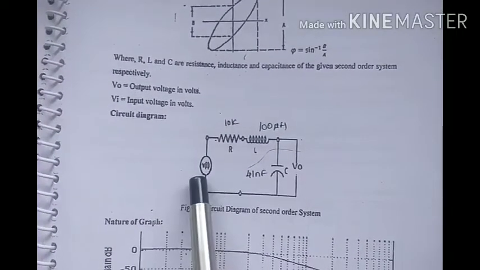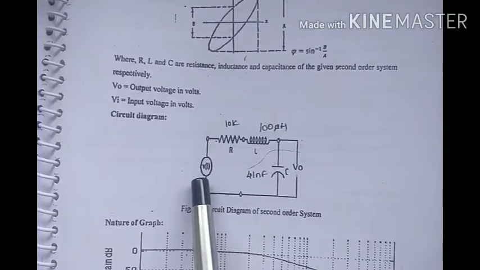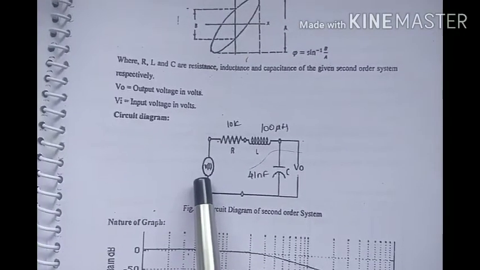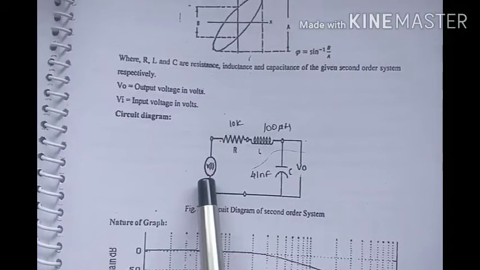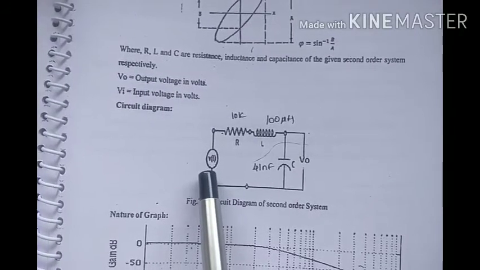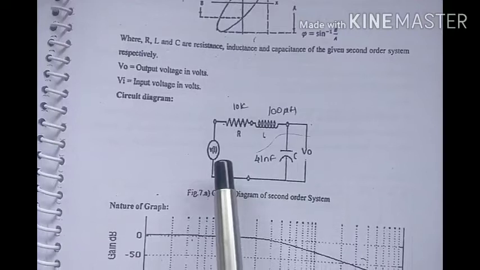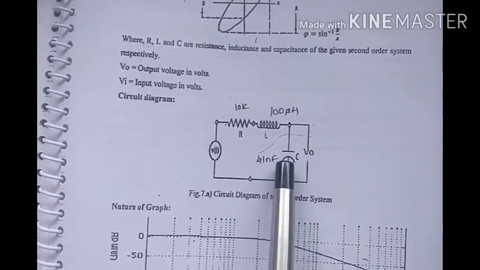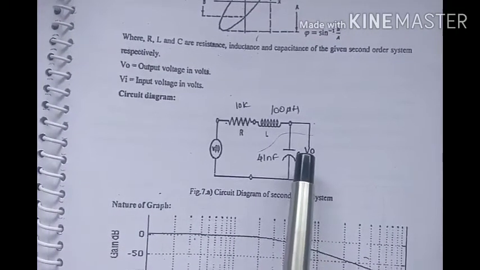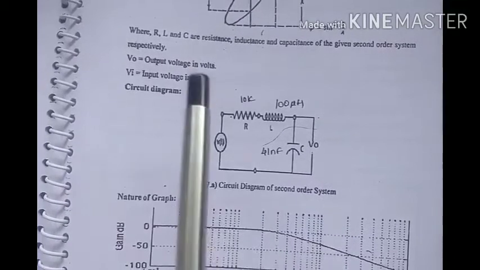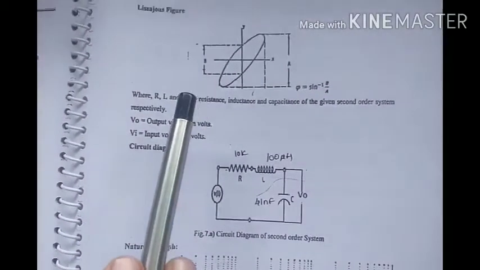We are going to set the input voltage to 2 volts peak to peak and vary the frequency from 10 hertz to 2 megahertz, and calculate the output available across the capacitor and the phase difference between the output and input with the help of Lissajous pattern.